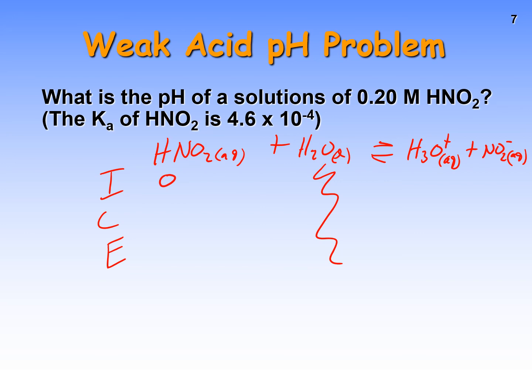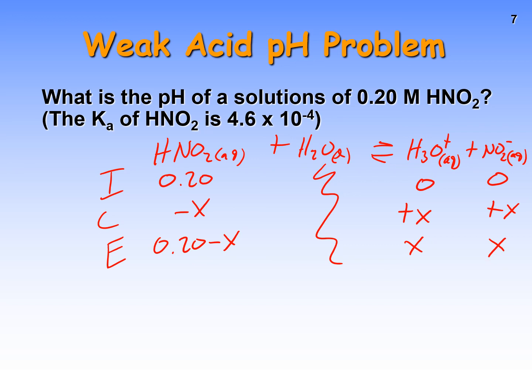We know our initial concentration of HNO2 is 0.2 molar, and we weren't told anything about these two, so we're going to assume 0. Next, we write in the change. We know it's changing in this way, so it's minus x, plus x, plus x. We get 0.20 minus x, x, and x.